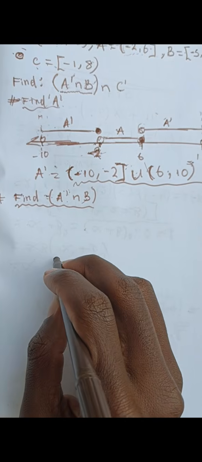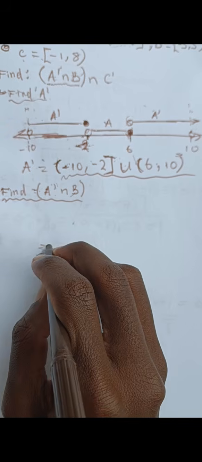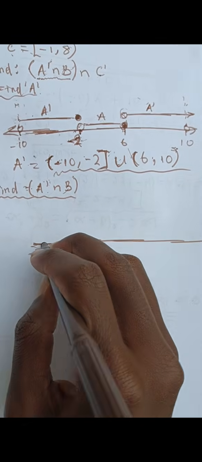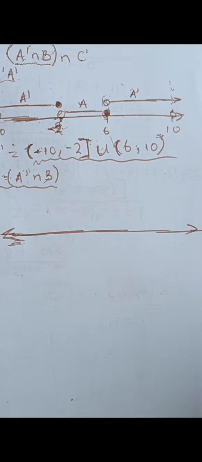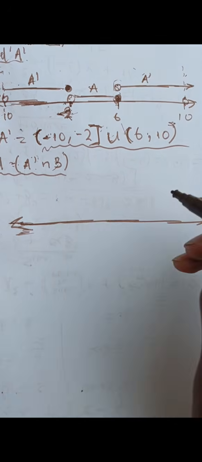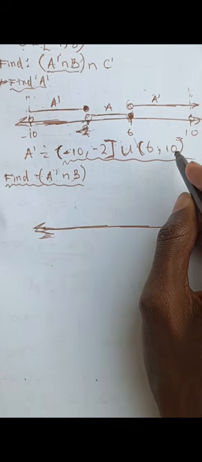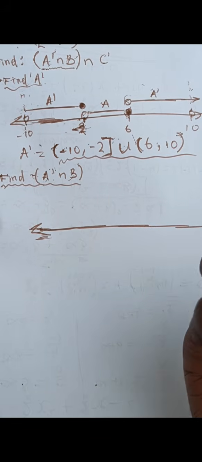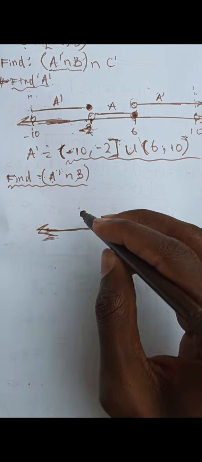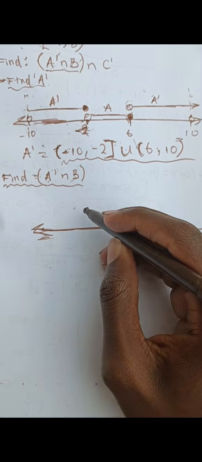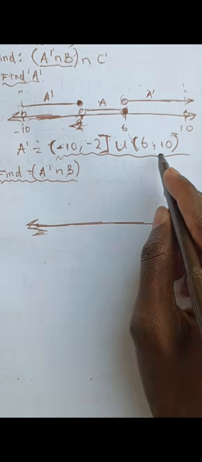So let's sketch the number line. So you know that A complement is this. So let's start by showing the A complement. So let's put this on the number line, the A complement that we have just found.